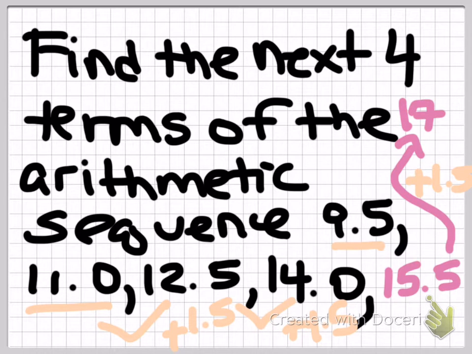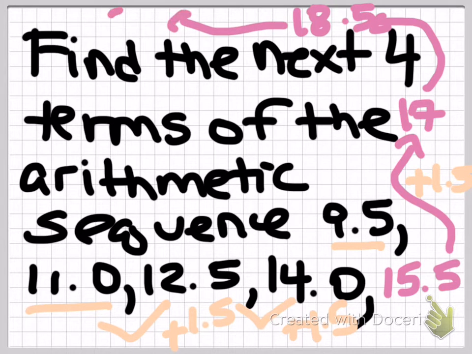And then 17 plus 1.5 is going to be 18.5. Sorry, I'm running out of room here. And then 18.5 plus 1.5 is going to be 20. So my four terms are 15.5, 17, 18.5, and 20.